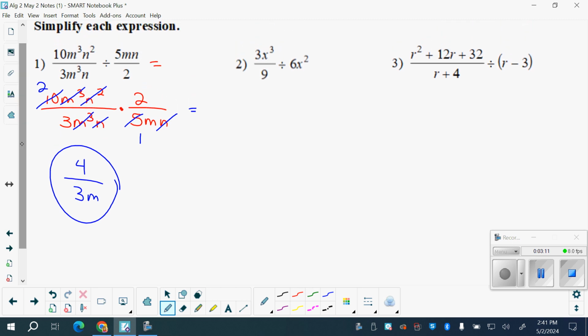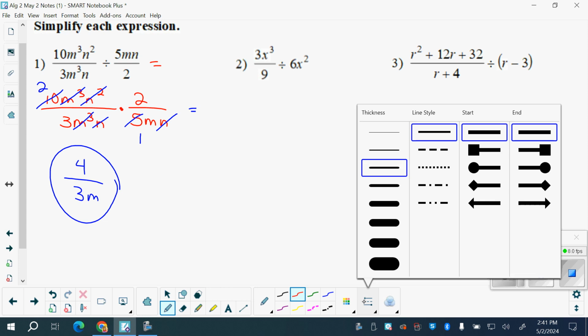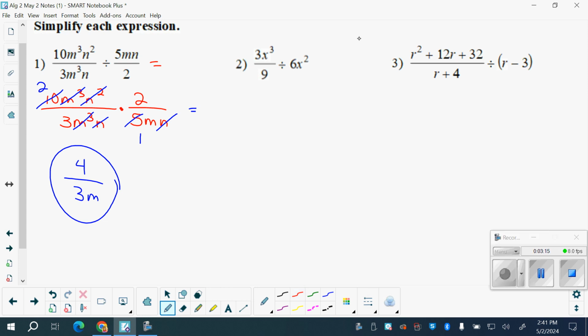Okay, so now on number 2, there's nothing underneath that 6x squared. What's assumed to be underneath it? A 1, that's right. So this would be the same thing as 3x to the 3rd over 9 times the reciprocal, 1 over 6x squared, and then can anything cancel? Frankie, does anything cancel there?